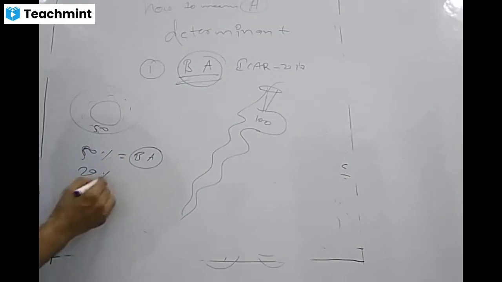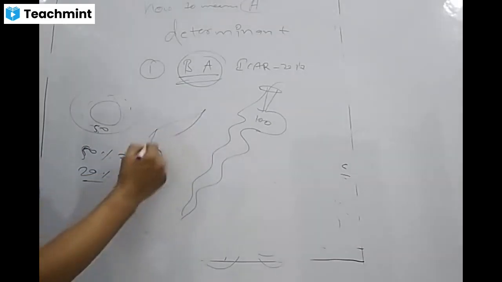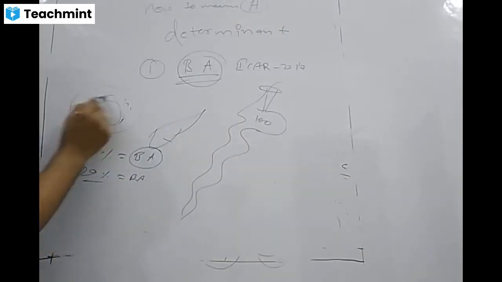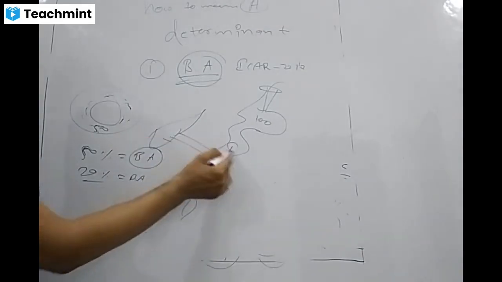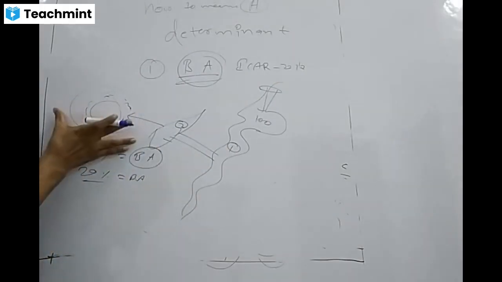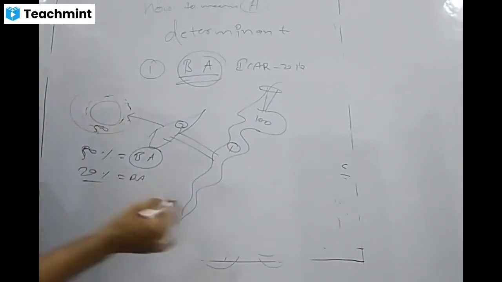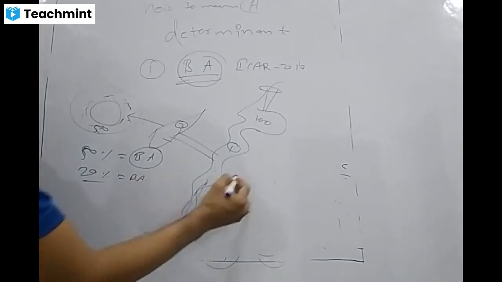If 20 reach, that will be 20%. It means if 50 molecules reach in the circulation, 50 are lost in the path somewhere. So there are two things. One is GIT, one is liver before reaching the systemic circulation. So the drug may be lost in feces, may be metabolized in GIT.